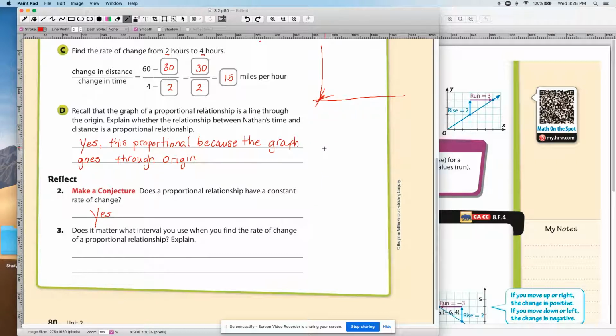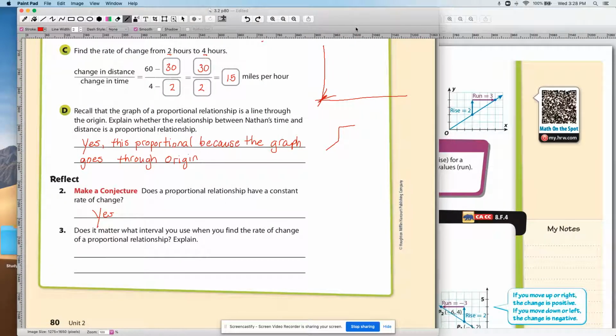So if we went up here and then all of a sudden we went faster and then all of a sudden we went slower, this is going to be a different rate of change, and it's not going to be proportional. Okay, so remember I said in order for it to be proportional, it has to have the same slope or the same constant rate of change, and it has to go through the origin.